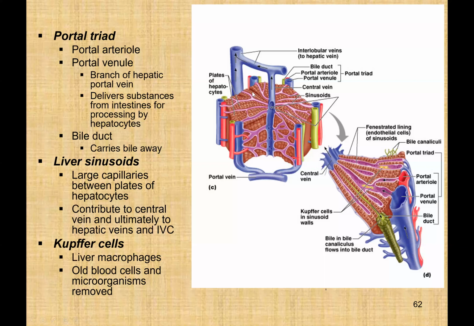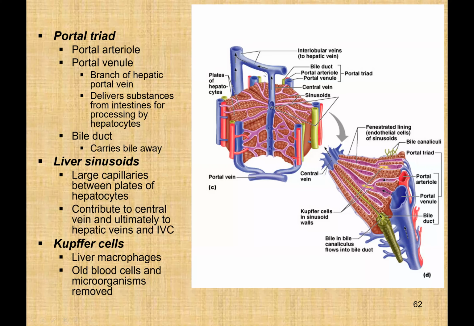You can see over here, through these pinkish things, which are the hepatic canaliculi, or the sinusoids, which will release their main substance into the central vein. And then the central vein takes the information into the interlobular veins, then gets to the hepatic vein, and then to the inferior vena cava.